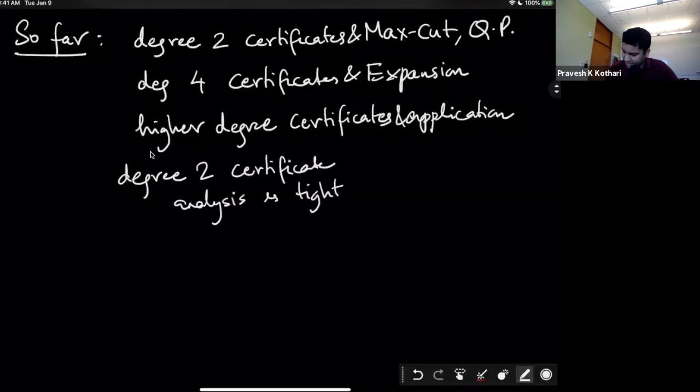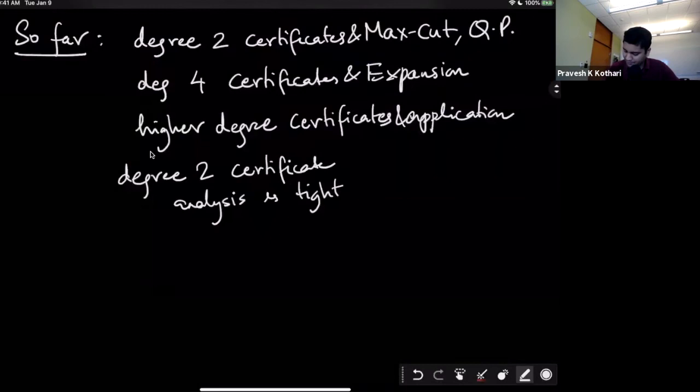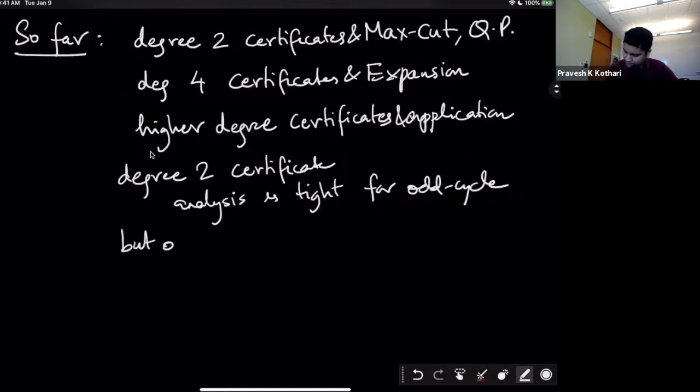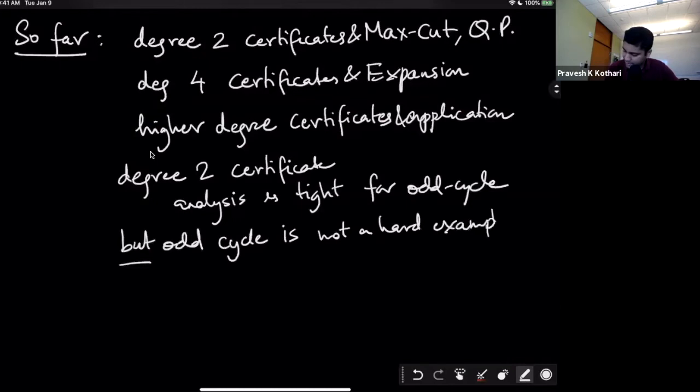And then in your homework 1, you proved that the example that shows we analyzed degree 2 certificates in the tightest possible way can be broken by degree 4. And for this you use the square triangle inequality. You prove that odd cycle is not a hard example for degree 4 sum of squares.